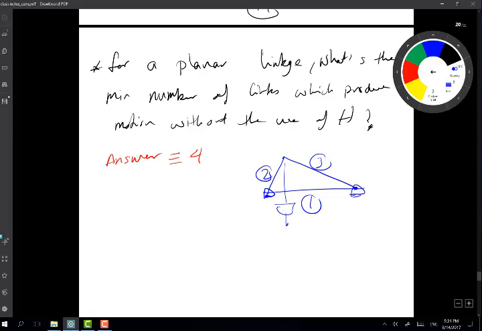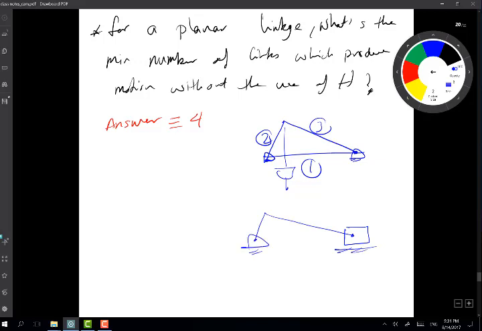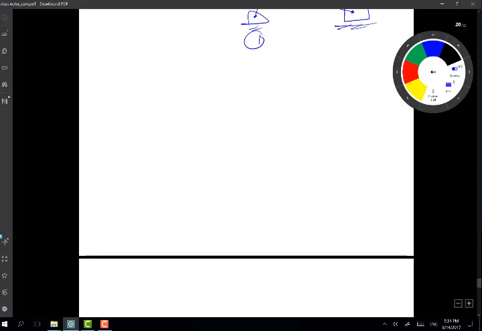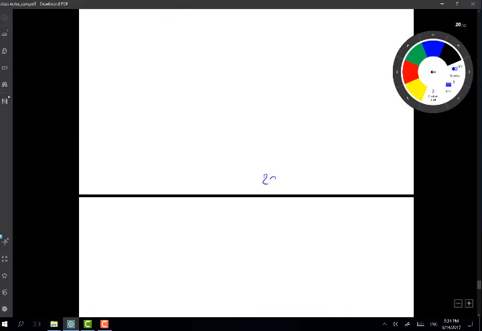It's not a linkage, right? If you want to make this a linkage, then you have to have the fourth element here, so they have 2, 3, 4, 1. That's a linkage because that is the minimum number of links. Now, how to calculate this number 4?